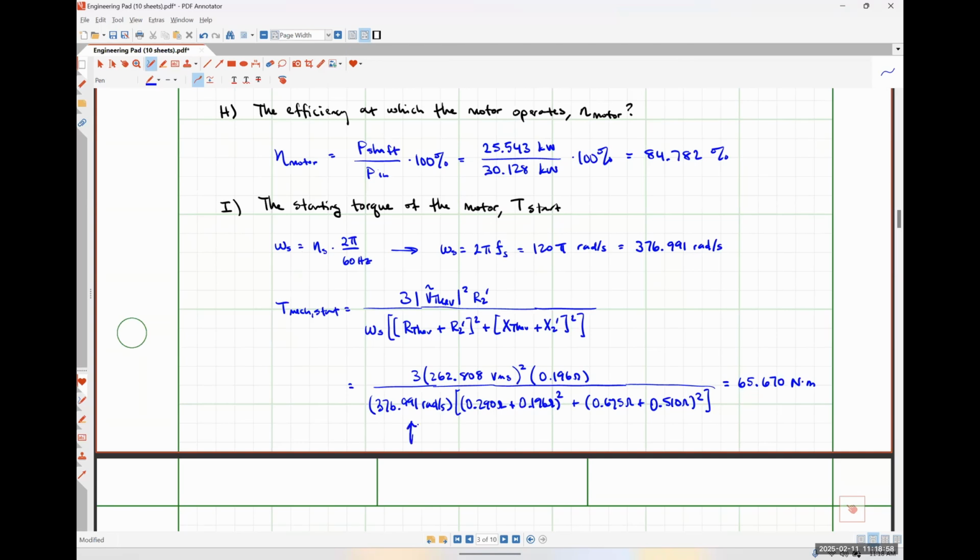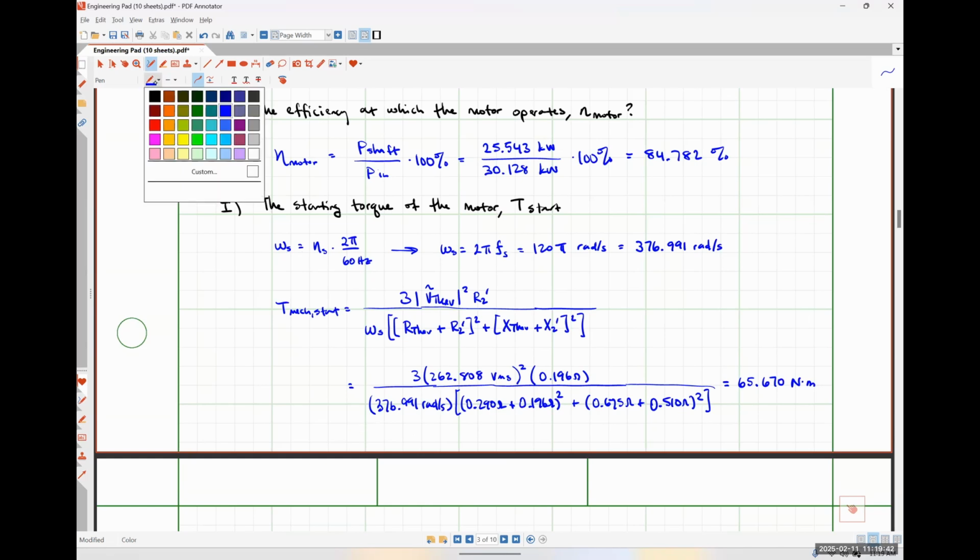But then we also have this 1 over omega, which gives us 1 over seconds, so it's watts times seconds, which is a joule. So there doesn't need to be any conversion factors. This is the same thing as a joule, which is the same thing as a Newton meter. I just wanted to make sure you were aware of that, since this is our first time doing the calculation. There is no need to do any unit conversion here. So that's our starting torque, 65.670.